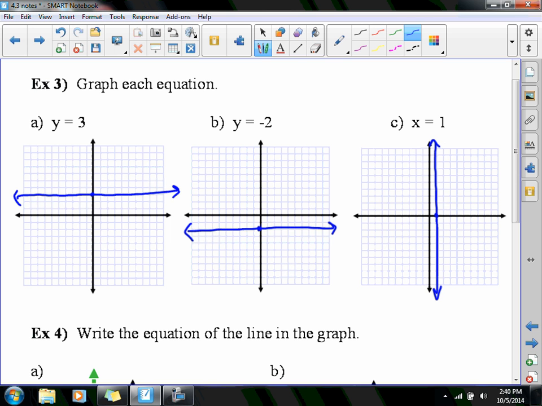And sometimes students get confused because your axes, x and y, are kind of opposite of how you're drawing the line. Okay, the x-axis goes left and right. So sometimes students think that when they see the x line, they have to draw it going left or right.